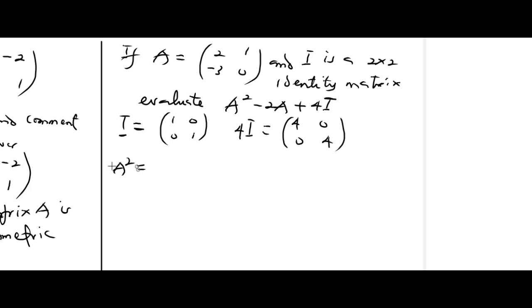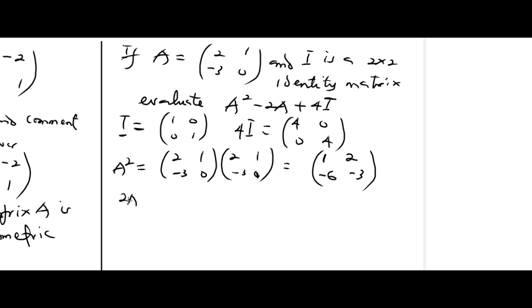So let's talk about the A square. A square simply means 2, 1, negative 3, 0, multiplied by 2, 1, negative 3, 0. Square means you multiply by itself, all right? So 2 times 2, we have 4, 4, and this is 1. Then this is 2, negative 3 times 2, this is 6, this is 0, so this is negative 6, and this is negative 3.